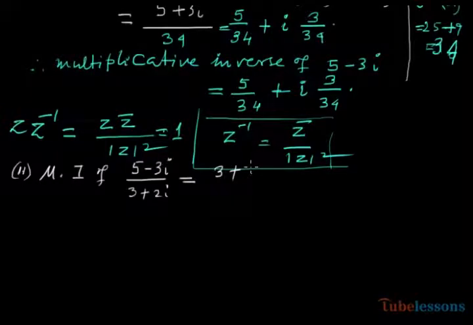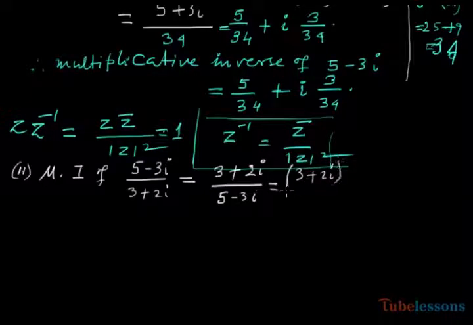This is 1 by Z, so you can write 3 plus 2i over 5 minus 3i, and multiply with 5 plus 3i.